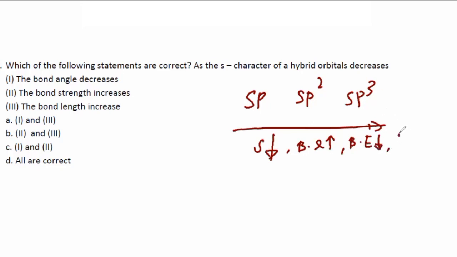What about the bond angle? Bond angle 180, 120, 109, bond angle decreases. Fine. So now answer the questions. Bond angle decreased. That's correct. Bond strength increased. No, bond strength decreased. Bond energy decreased means bond strength decreased. Bond length increased. That's correct. So this and this are correct. So choice A will be the answer.